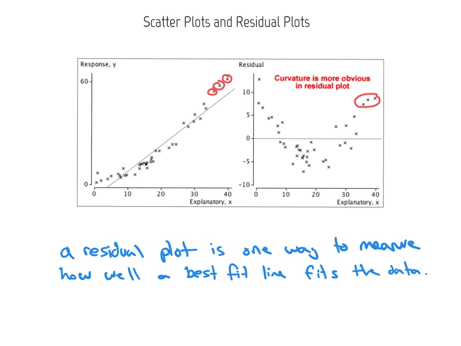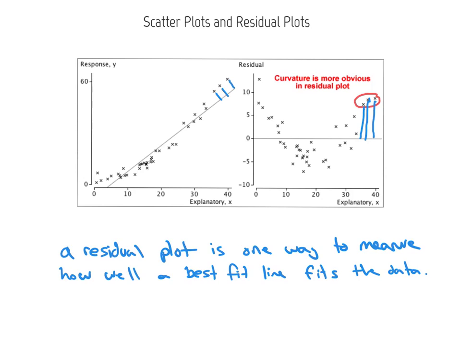So I'm going to erase those circles right now and instead draw a little line. If I were going to measure how far each of those points was from the line, I would go like that, that, and that. Well, those 3 distances are the same as that, that, and that. Now, obviously, the scale is a little bit different, but that's what we're measuring.